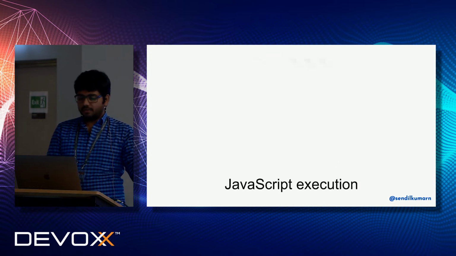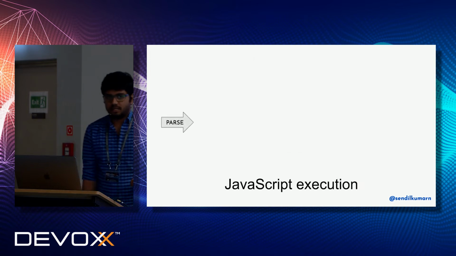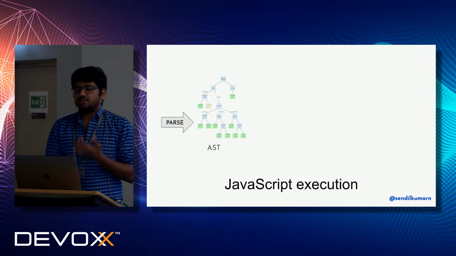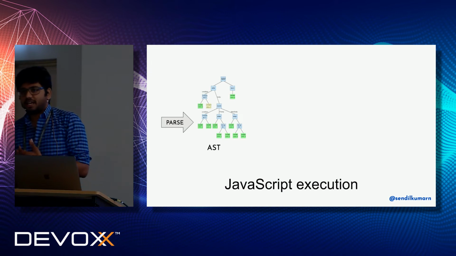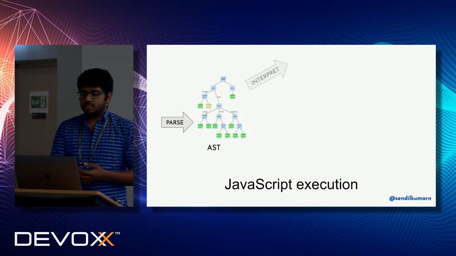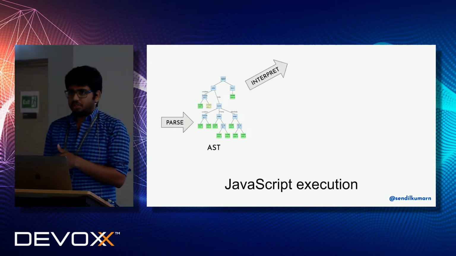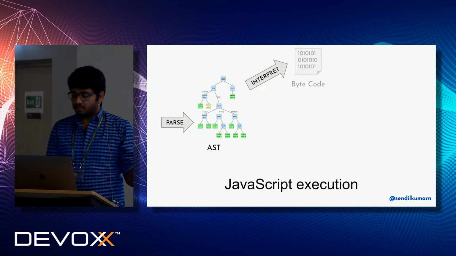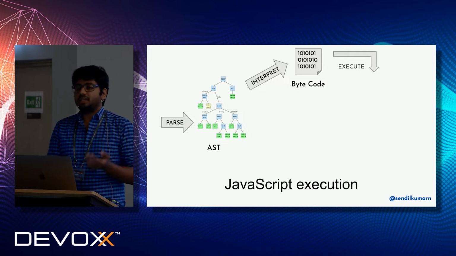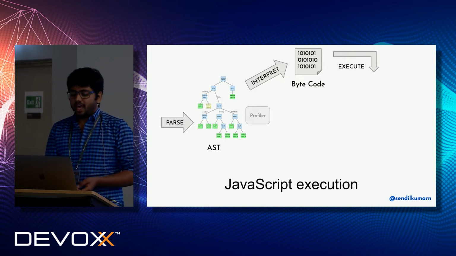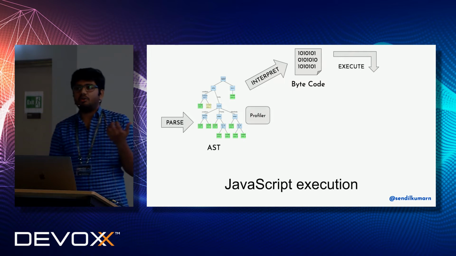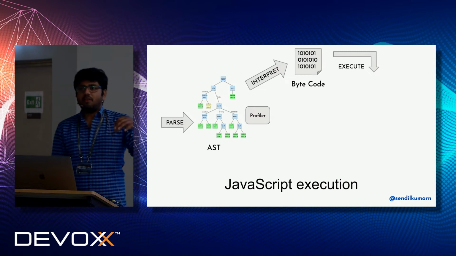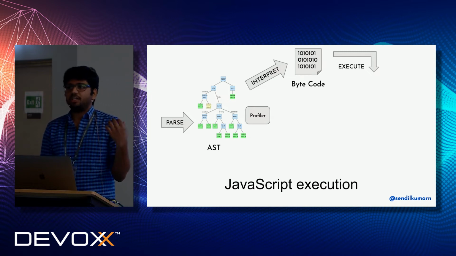Once it is downloaded, it parses this. The parse gives you an AST, or abstract syntax tree. JavaScript is an interpreted language too, which means this AST will be interpreted, converted into bytecode, and this bytecode will be executed. On the other hand, you have something called a profiler or a watcher that sits there and watches the executing, or interpreted, functions.